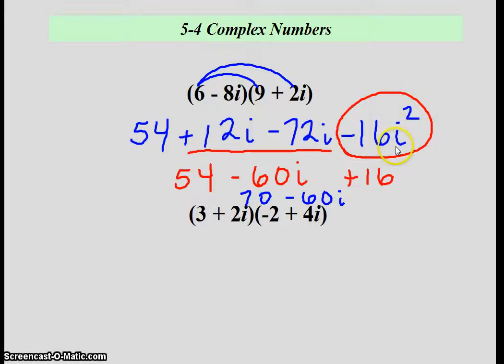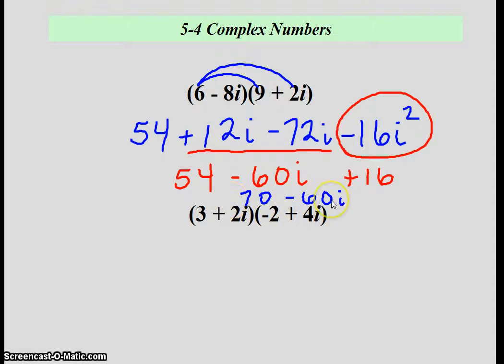It looks like you have a variable, but remember you have defined i squared as negative 1. So you not only have a negative 16, you have negative 16 times negative 1. So if you have negative 16 times negative 1, you suddenly have positive 16. So you have like terms here, 54 and 16, which adds together to give you 70. So we have 70 minus 60i.